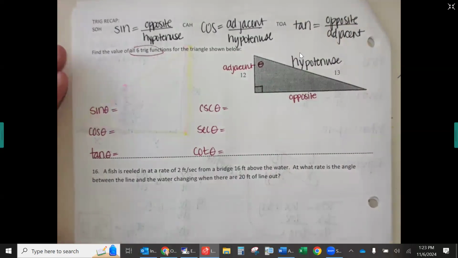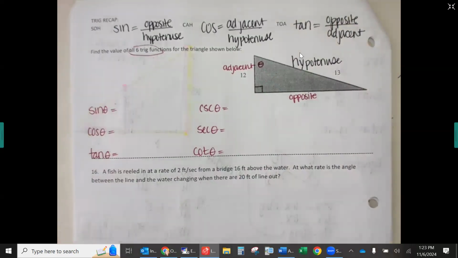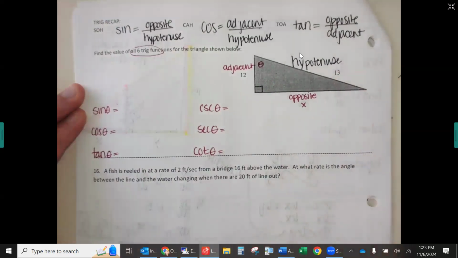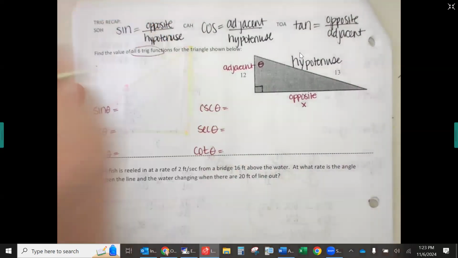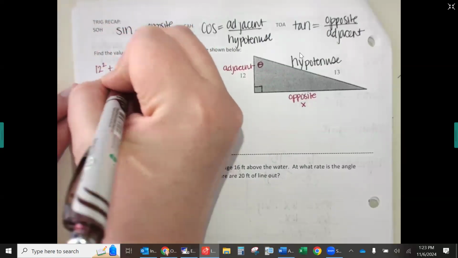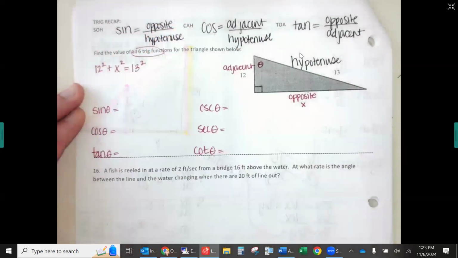Can I do 12 squared plus 13 squared? No. I'm going to call this x for now, since we don't know what it is. So it'd be 12 squared plus x squared equals 13 squared.